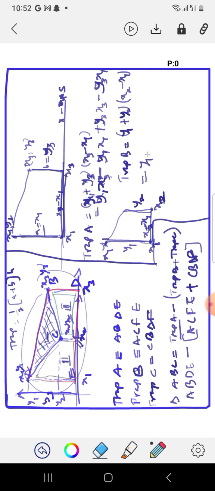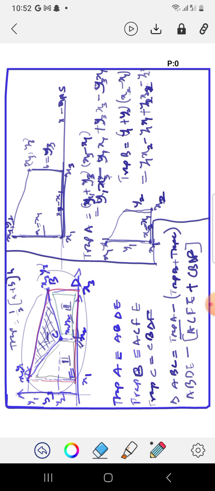That gives us y1 x2 minus y1 x1 plus y2 x2 minus y2 x1.